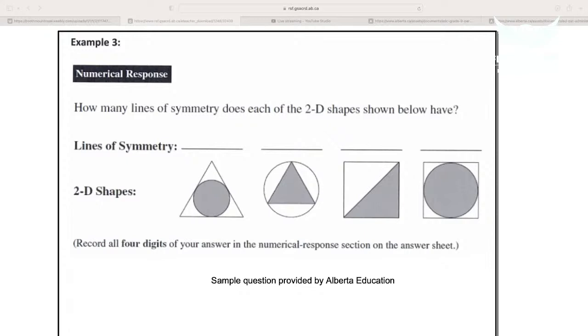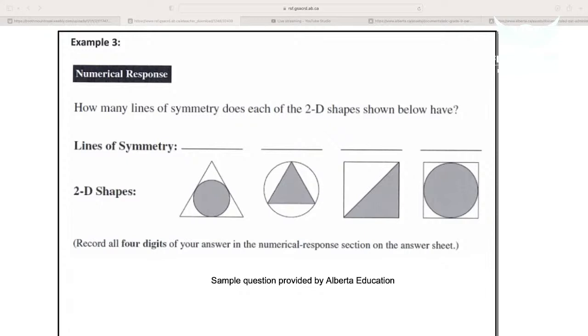A triangle usually has 3 lines of symmetry, given that this is an equilateral triangle, so 3.